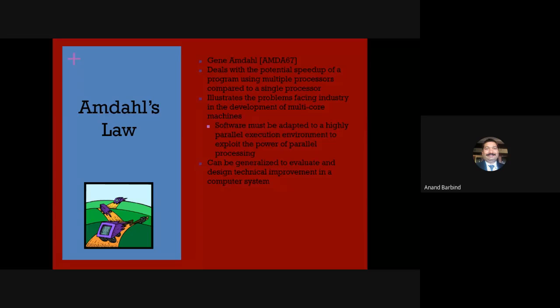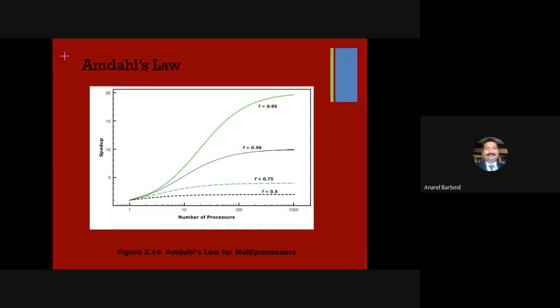So Amdahl's law tells about the balance, or the formula, of how your software should be, and to what level you should increase the processors in a particular system. It can be generalized to evaluate and design technical improvements in a particular computer system. This is what is specified by Amdahl's law.